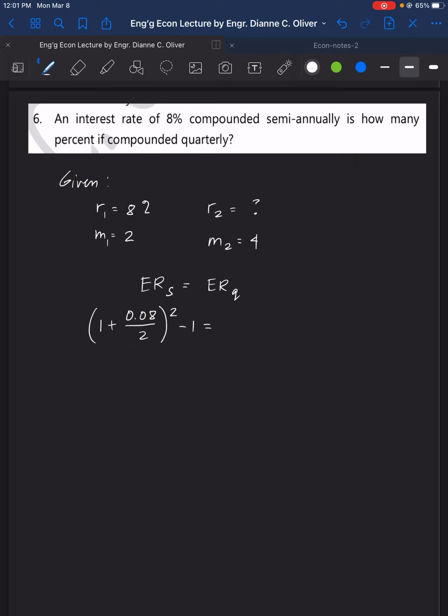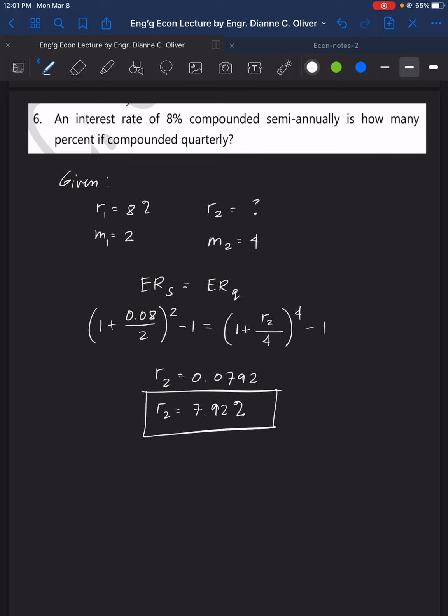That is equal to ERQ, we have here 1 plus R2 divided by 4, raised to 4, minus 1. So the answer here for R sub 2 is 0.0792, or that is R2 is equal to 7.92%. Okay, so that is for number 6.